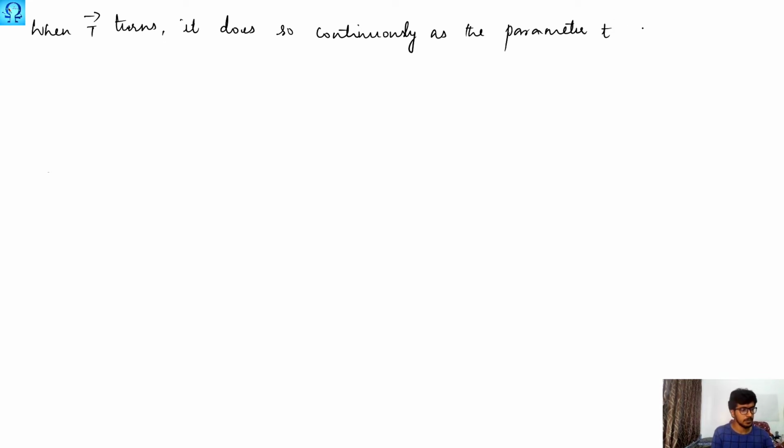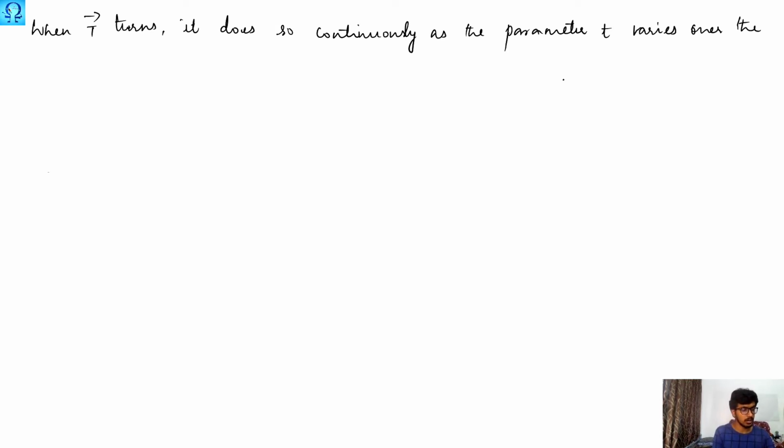Now we shall talk more about this unit tangent vector. When this T vector turns, it does so continuously as the parameter t varies over the given interval.